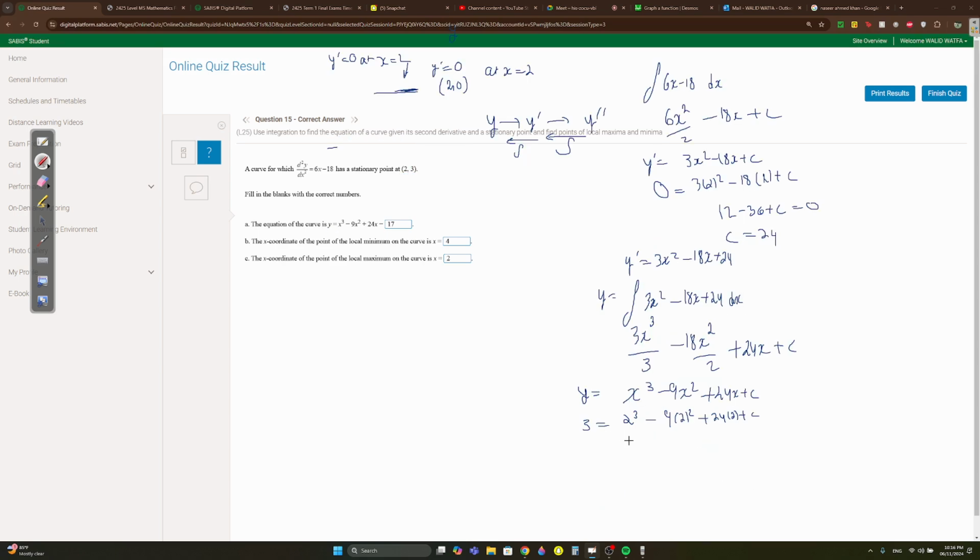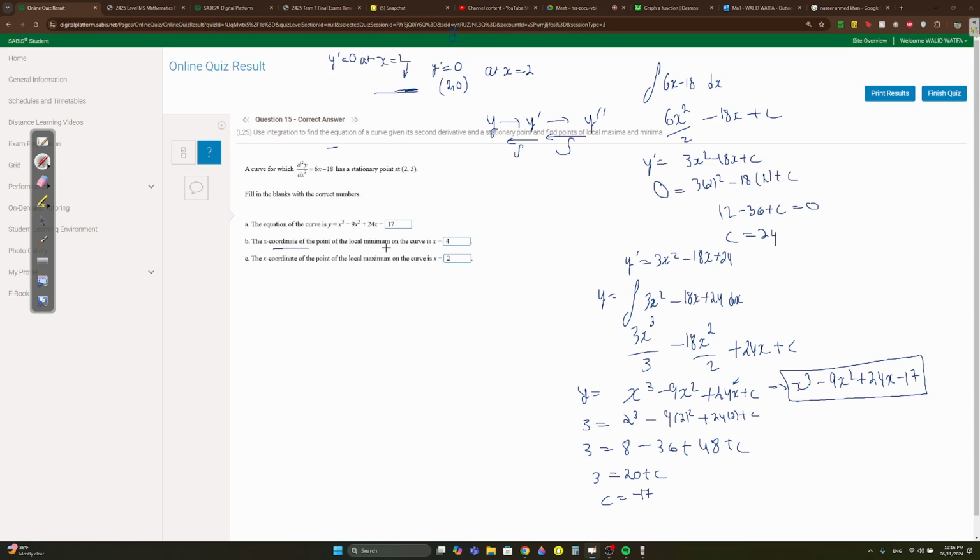So 3 is equal to 8 minus 36 plus 48 plus c. 8 minus 36 is minus 28, plus 48 is 20. So 3 is equal to 20 plus c, so c is equal to minus 17. So your curve y is equal to x cubed minus 9x squared plus 24x minus 17.